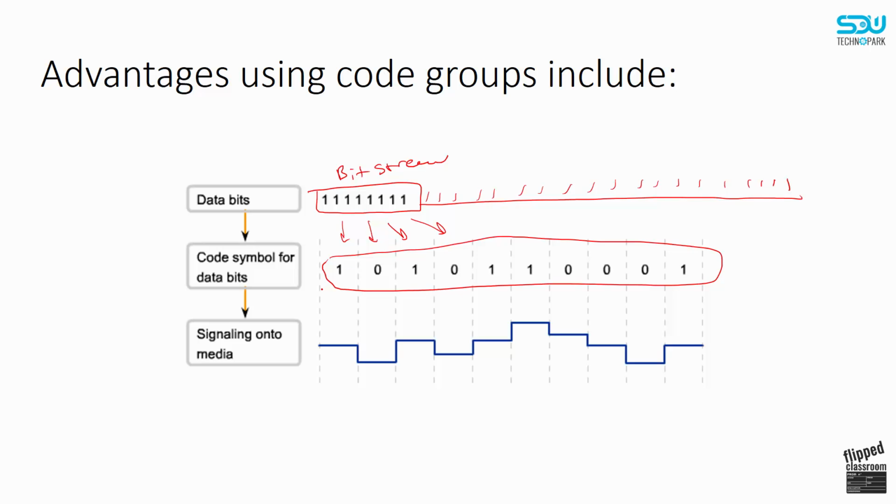Also, in the phase type of signaling, you have a limited number of phases, so you are not able to exceed the maximum amount of changes in the phase. We'll speak about signaling a little bit later.